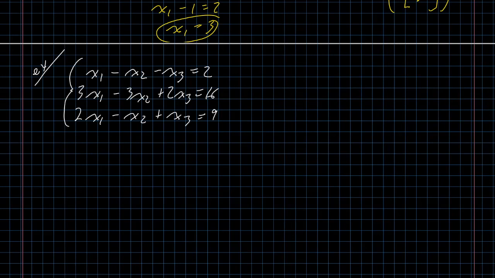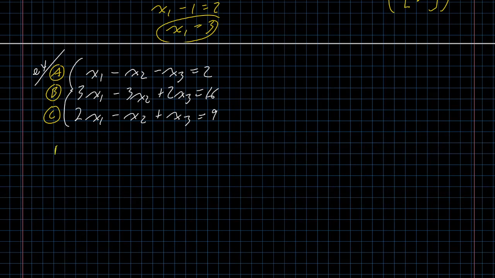And to solve this system, I'm going to use the process of elimination. Call these equations A, B, and C. And we have a couple of different ways we can approach this.